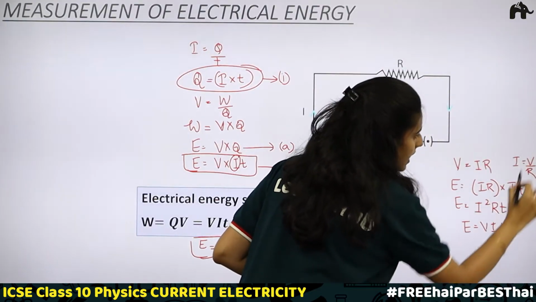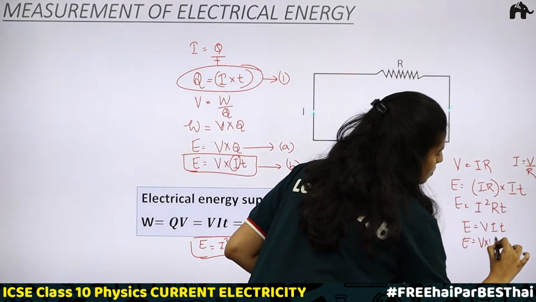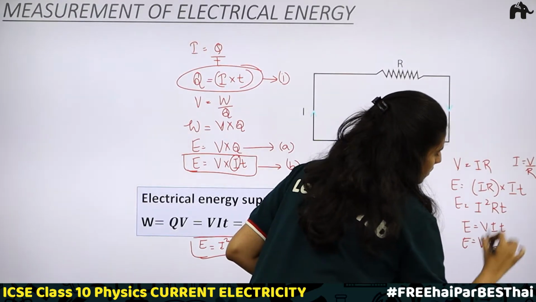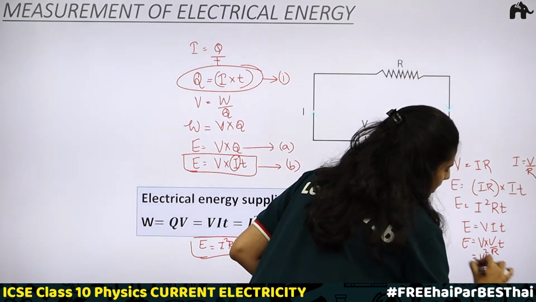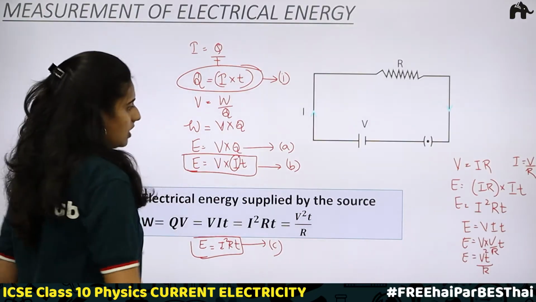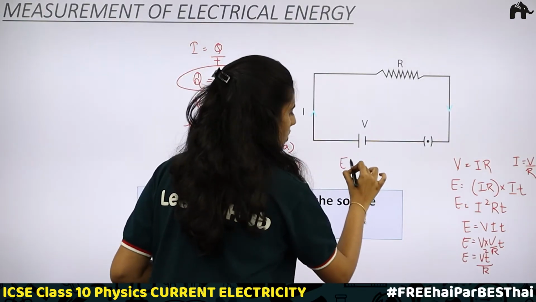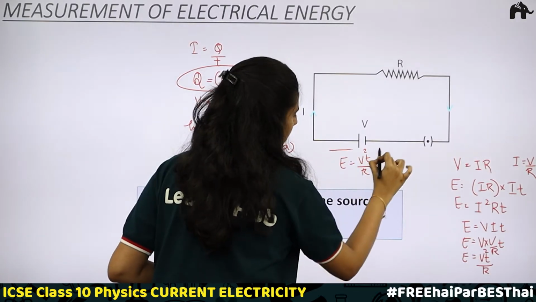In place of I, put V by R. E is equal to V into V divided by R into T, which is V square T divided by R. Okay, the fourth equation, E is equal to V square T divided by R.